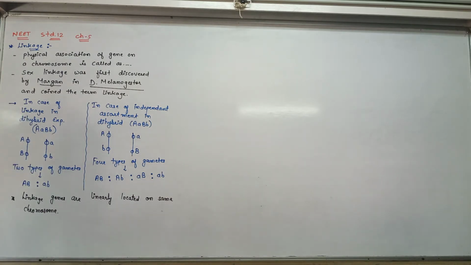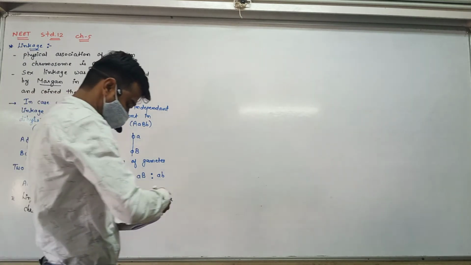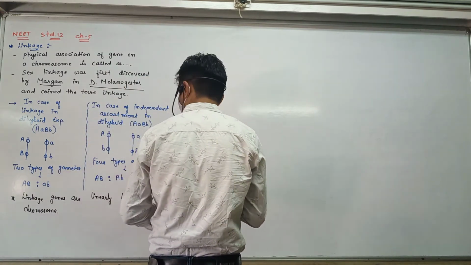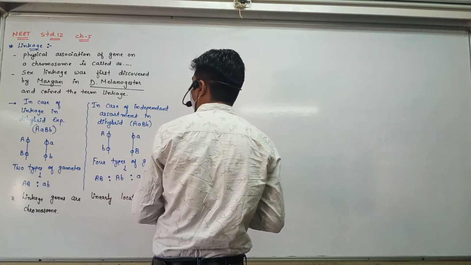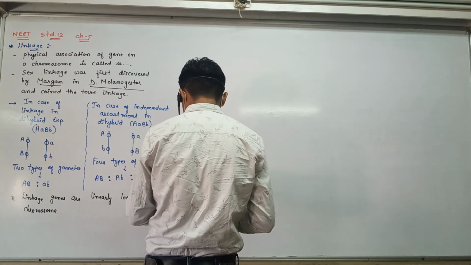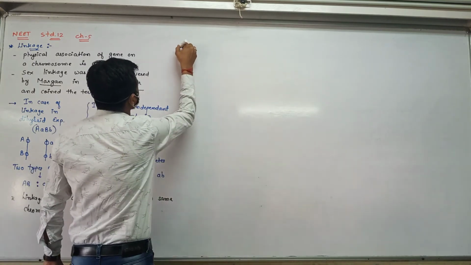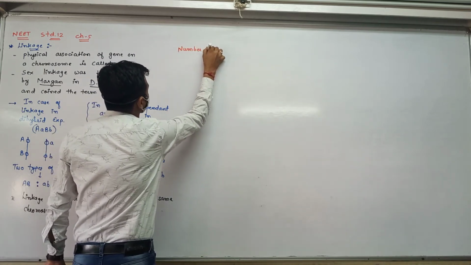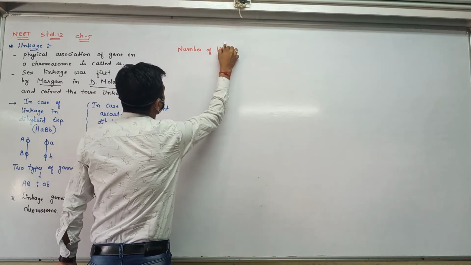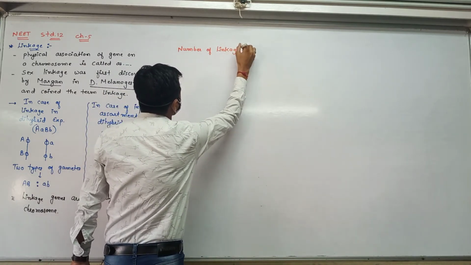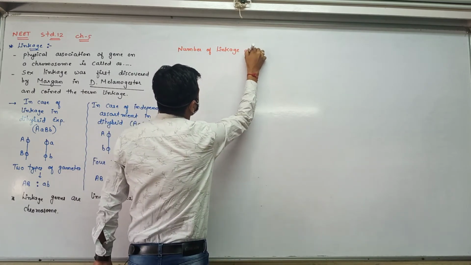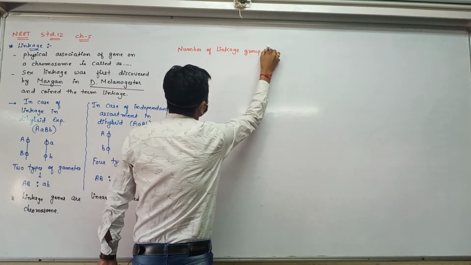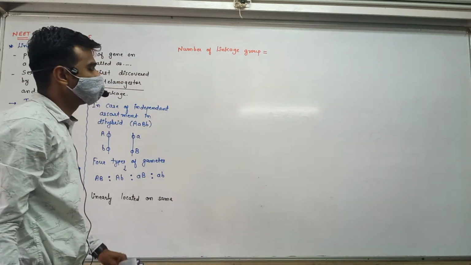Linkage genes are linearly located on the same chromosome. Now, the number of linkage groups: how do we identify the number of linkage groups?